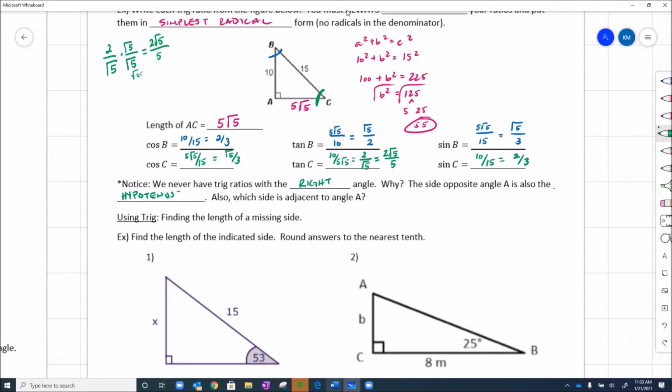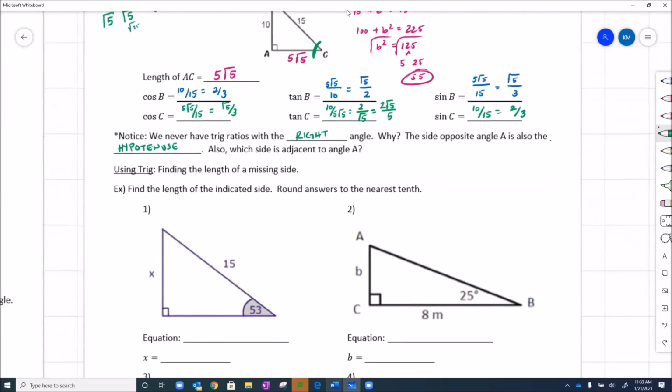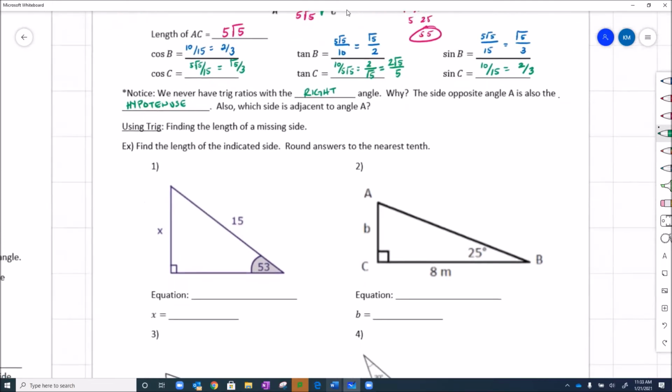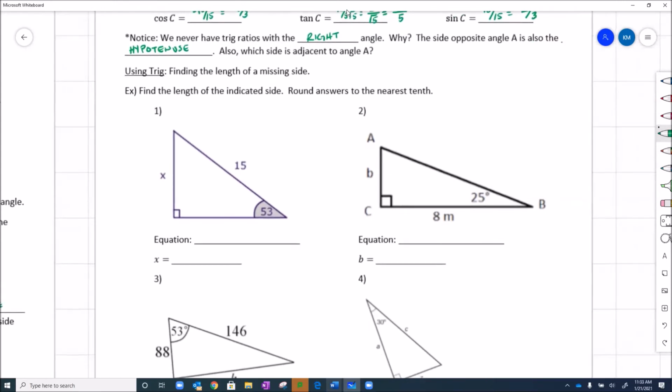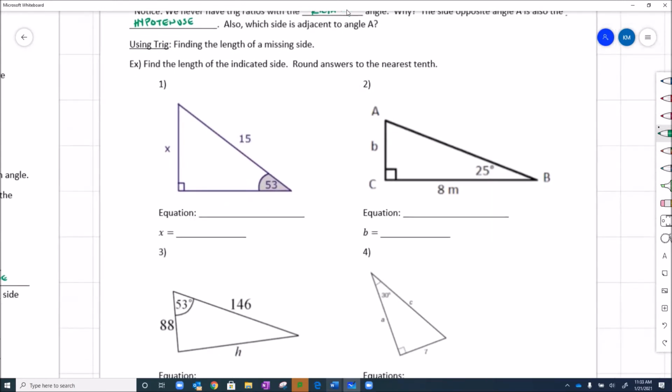Looking at the right angle takes away those sides from us a little bit. Also, when we're looking at the side that's adjacent to A, both sides would be adjacent to A. Earlier we could skip the hypotenuse because it's already the hypotenuse, so we won't get it confused with the adjacent side. But here we would. So we will never look at trig ratios from the right angle.